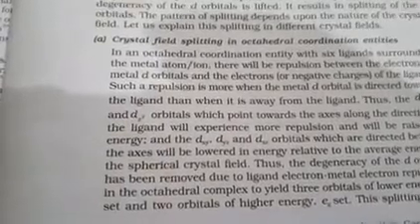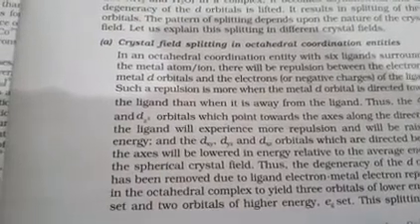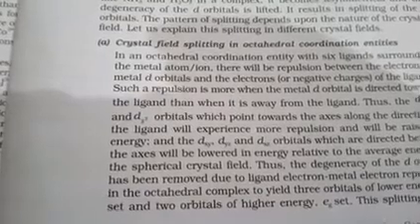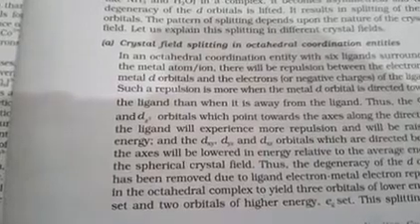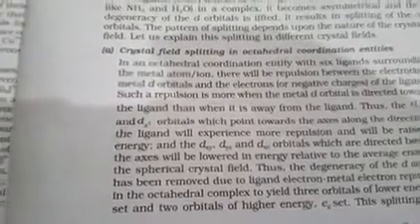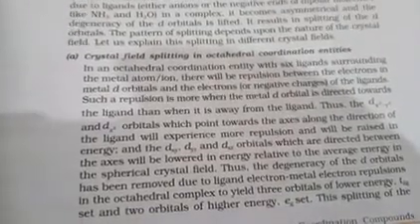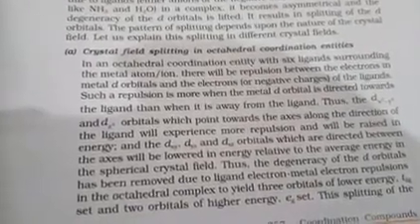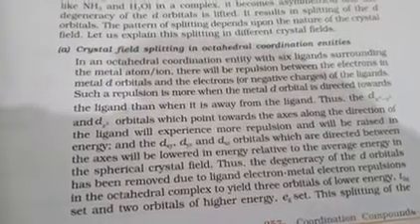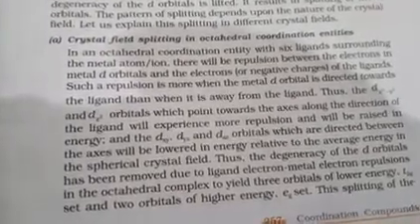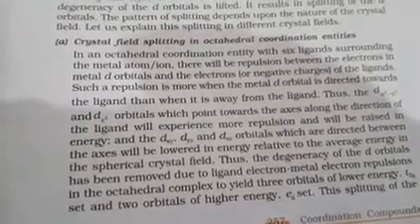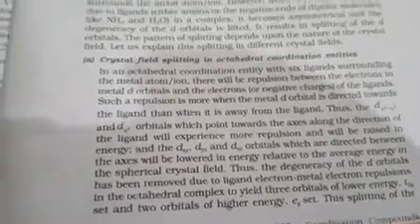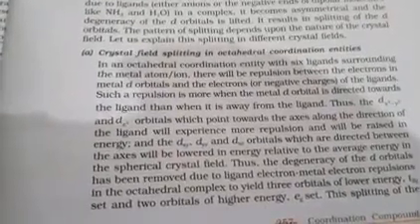Thus the degeneracy is removed in the octahedral complex, yielding 3 orbitals of lower energy, dxy, dyz and dzx, called the T2g set, whereas dx square minus y square and dz square, which have higher energy, are called the Eg set.